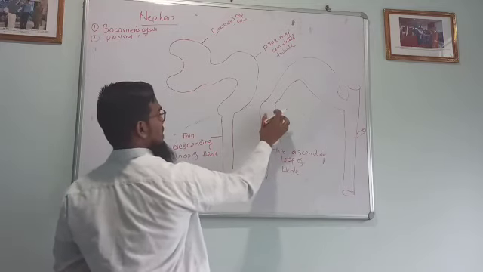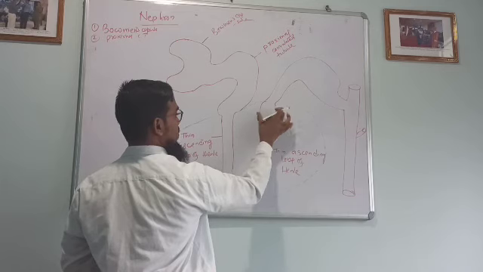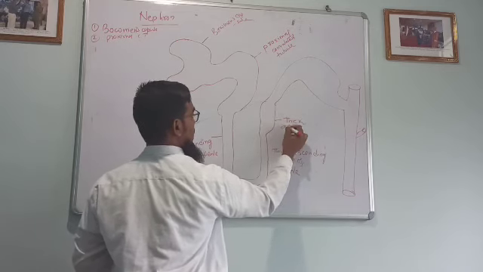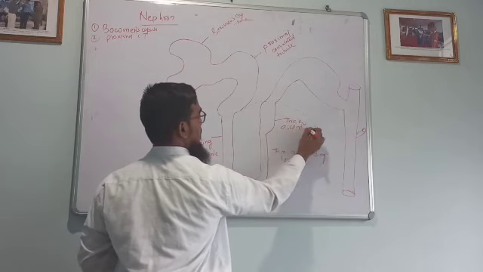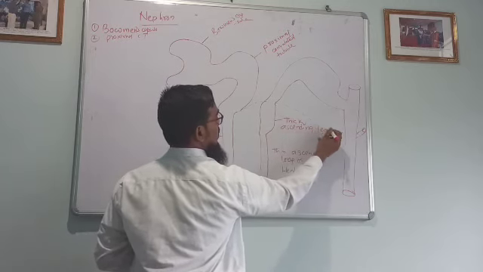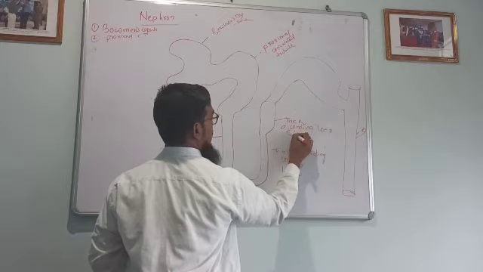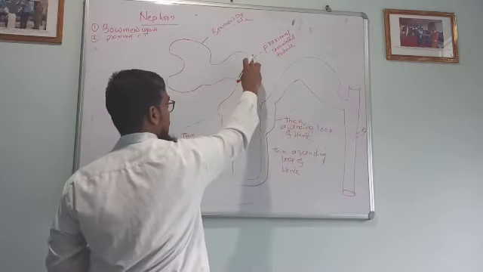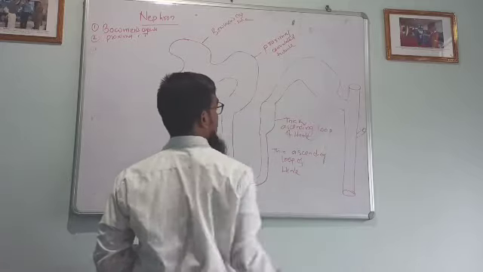And this is also an ascending loop, but it is thick, bigger inside, that's why it is called thick ascending loop of Henle.